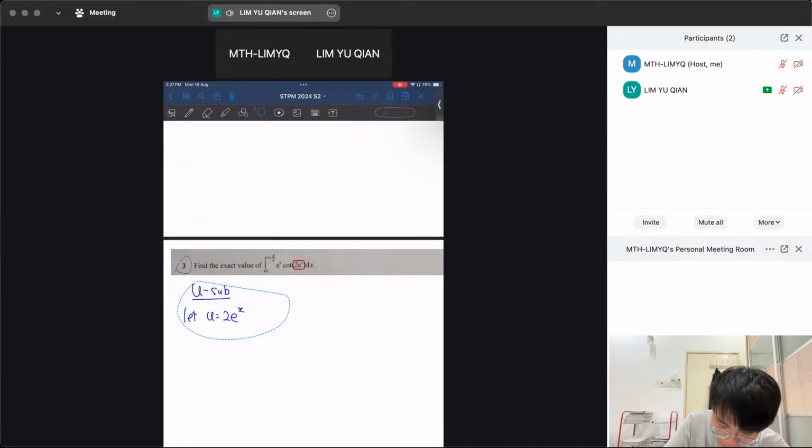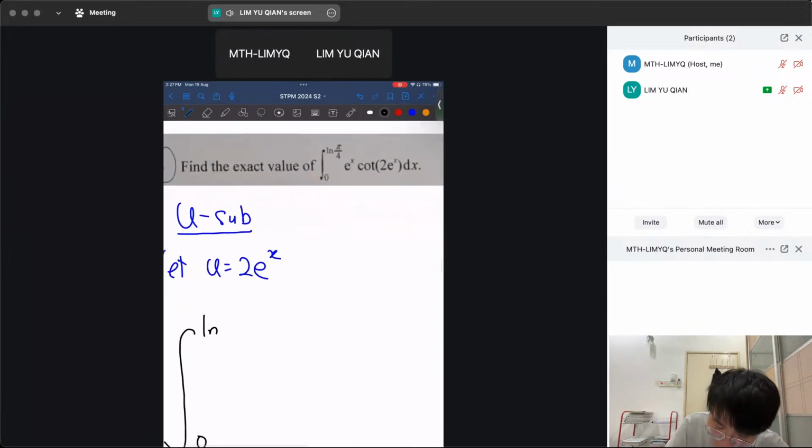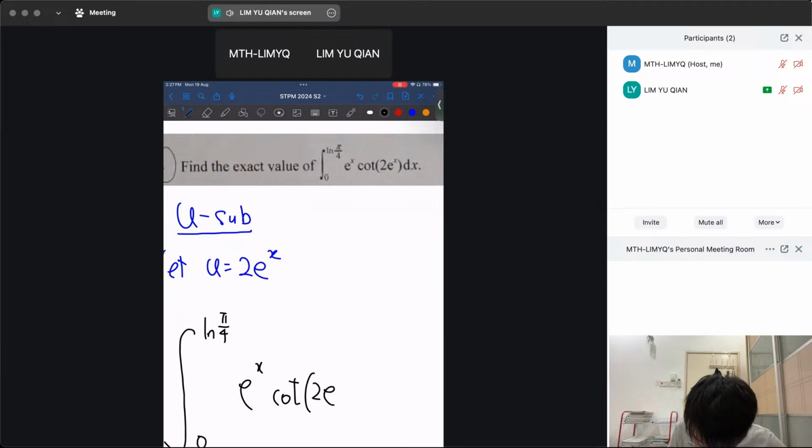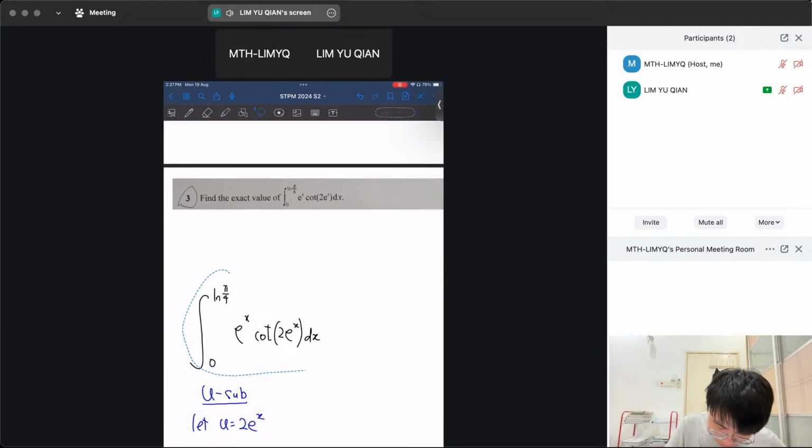Let's use blue color. Let me rewrite it: integral from 0 to ln pi over 4. The value is also very interesting. e^x cot 2e^x dx. U sub here.